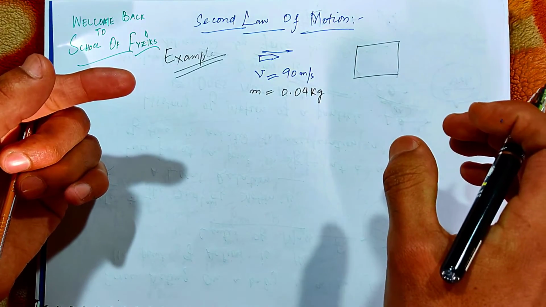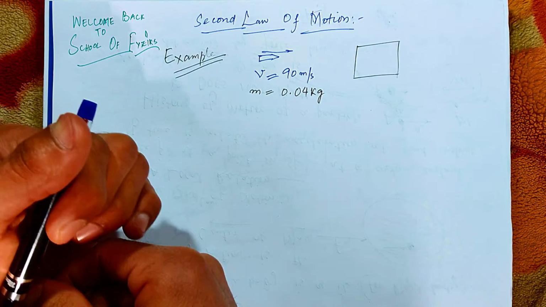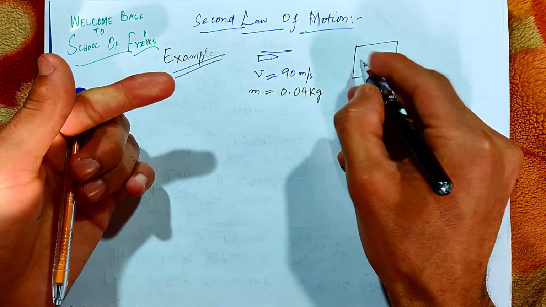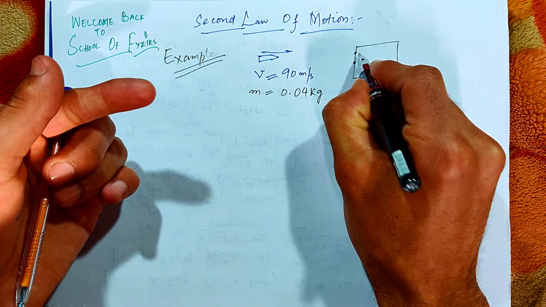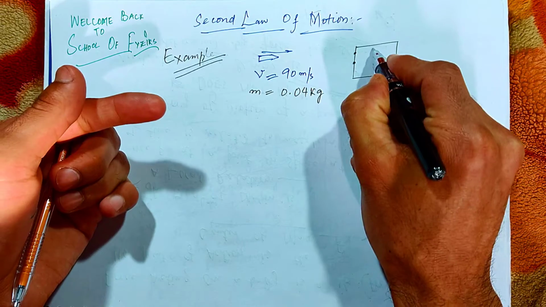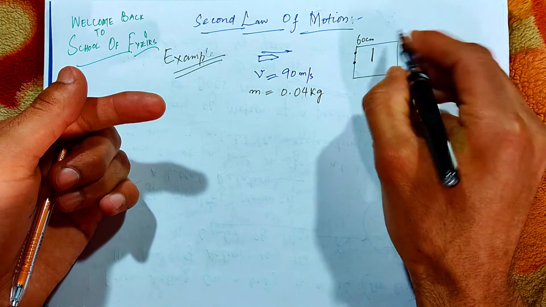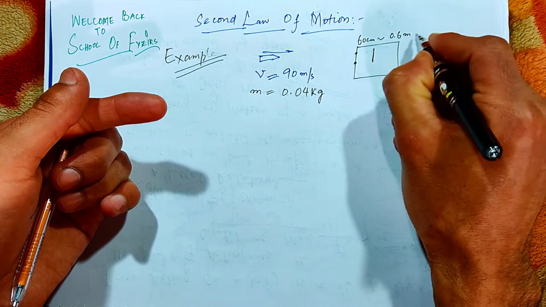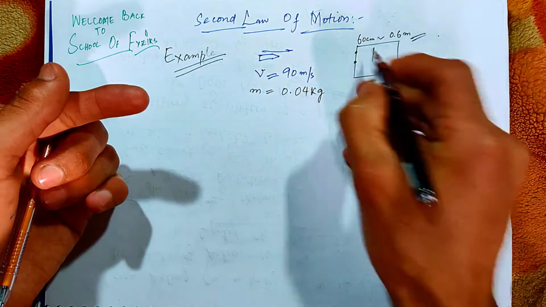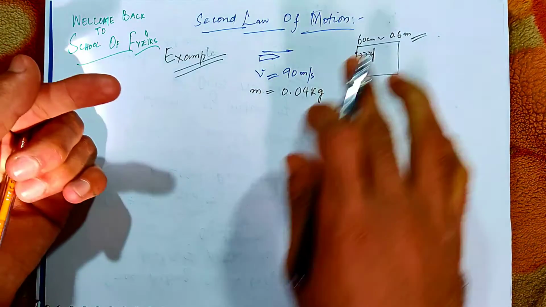Suppose the bullet hits the block and bursts into the block up to a distance of 60 centimeters, or 0.6 meters. Up to this very point the bullet bursts and gets stopped.